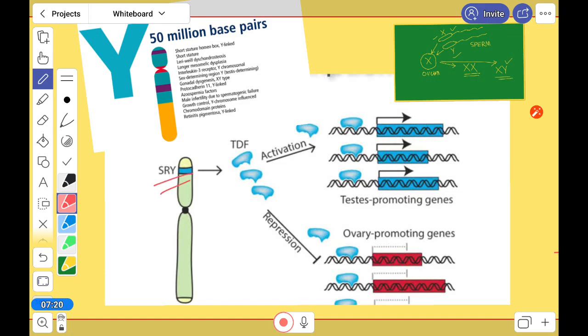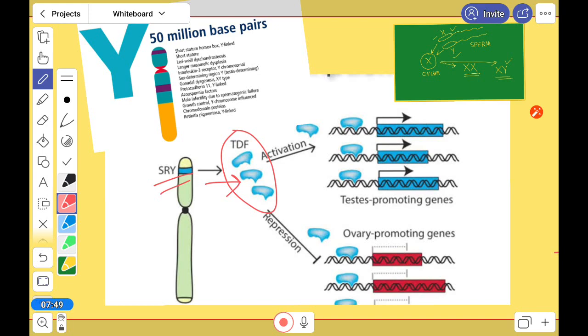You can see the SRY gene; it is the sex determining region of the Y chromosome. It produces TDF, testis determining factor, which is a kind of protein. You should know that in the 8th week of pregnancy the Y chromosome makes that TDF.